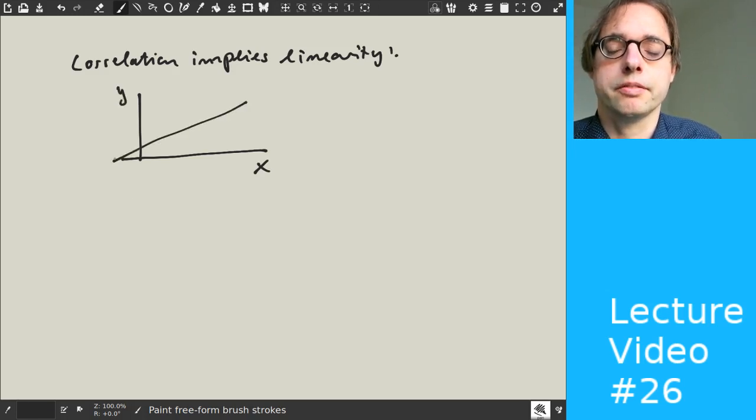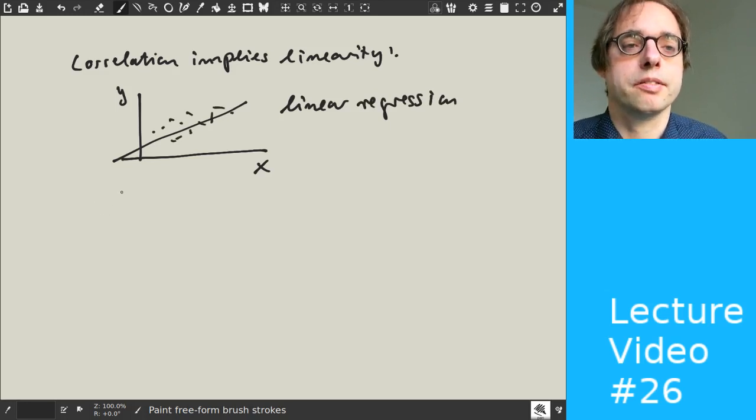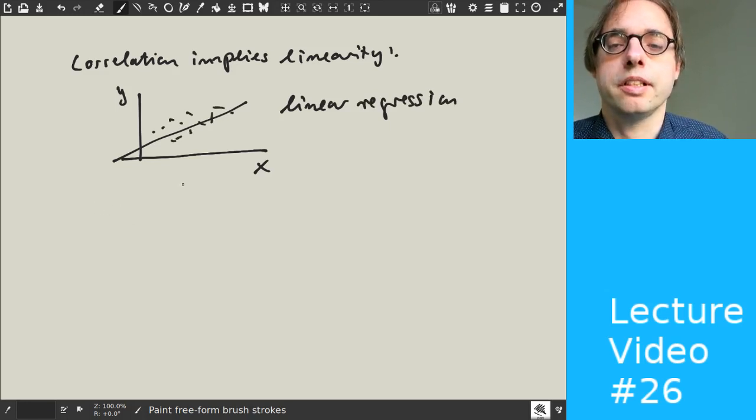We have some regression curve, and if it's a linear model, then it will look like this, so linear regression. And then we have some data scattered around this curve here, and if it's not too far off, then it will be a nice and strong relationship. And this relationship is described by the correlation between x and y.